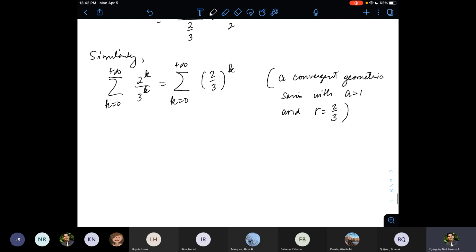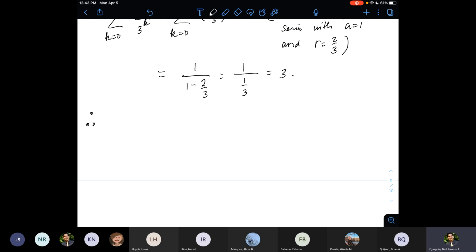Okay, and so this will get a finite sum. Make sure that the summation goes from 0 before applying the formula. Summation starts at 0. The common ratio is raised to the power k, so all of the ingredients required in the formula are here. So this is a over 1 minus r. A is 1. R is 2/3. So this is 1 over 1/3. So this is equal to 3.